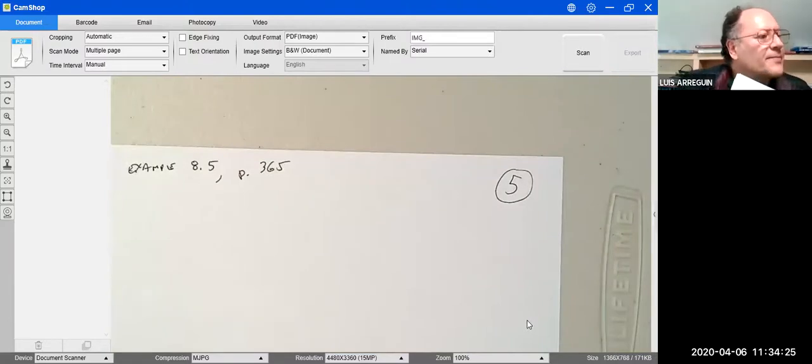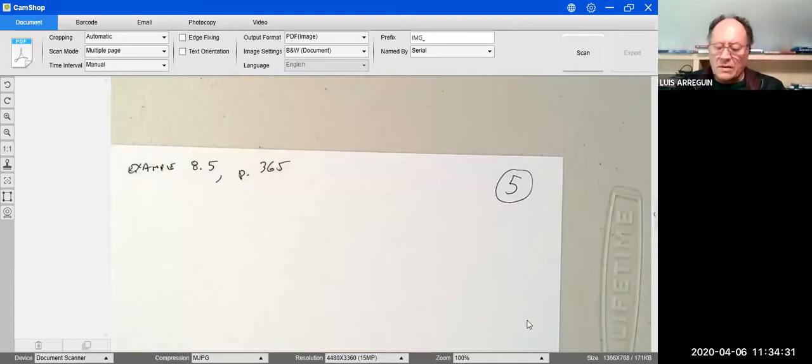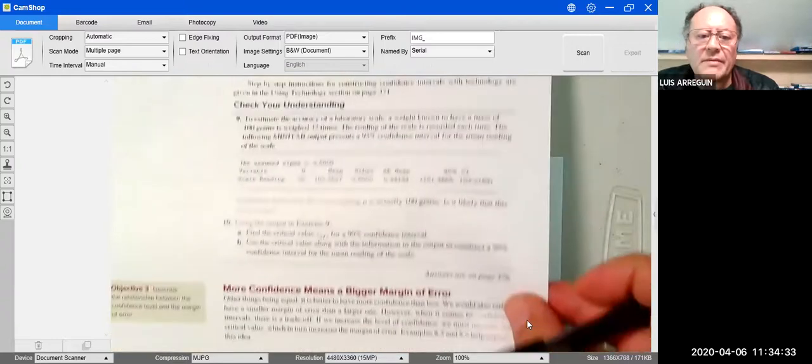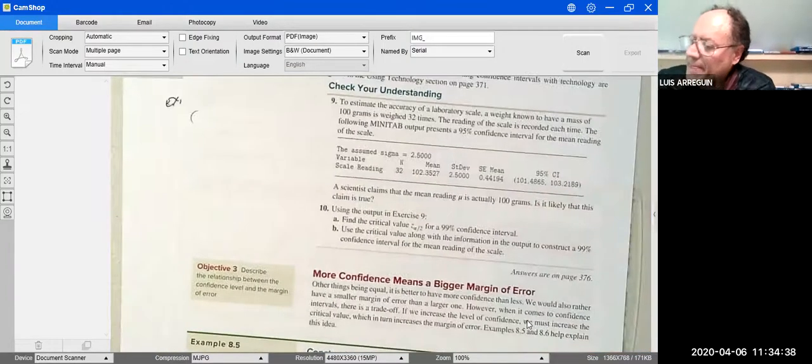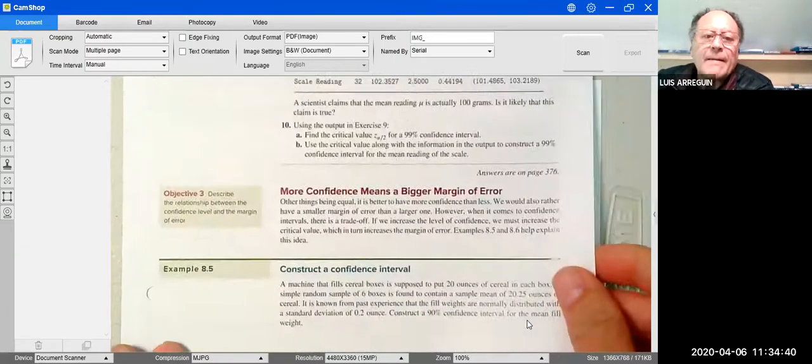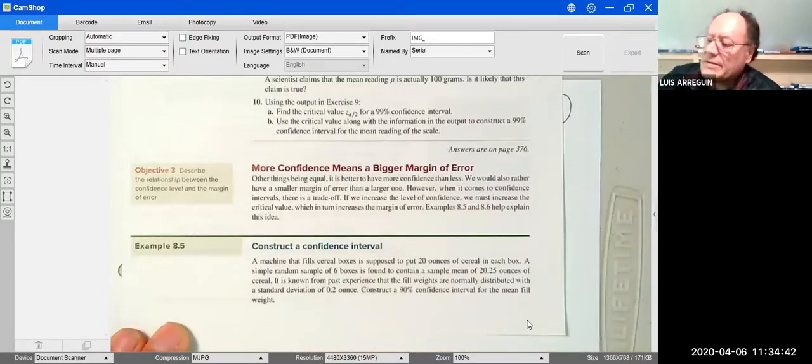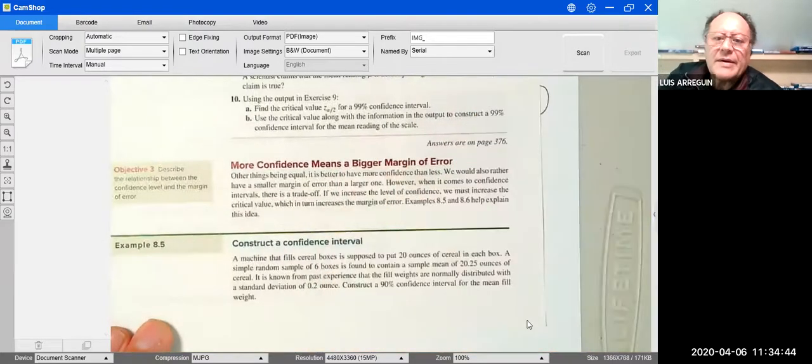So let's see. Let's see if you can see it. Okay, I have this problem here. So let's increase the size.